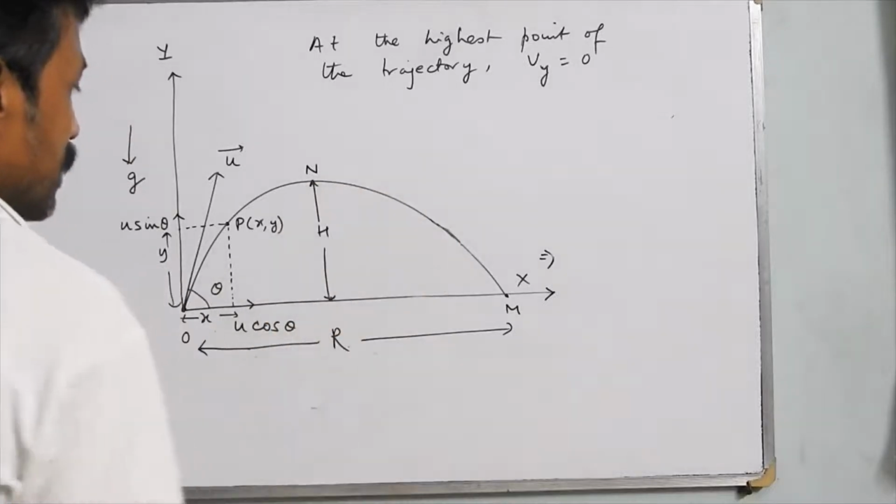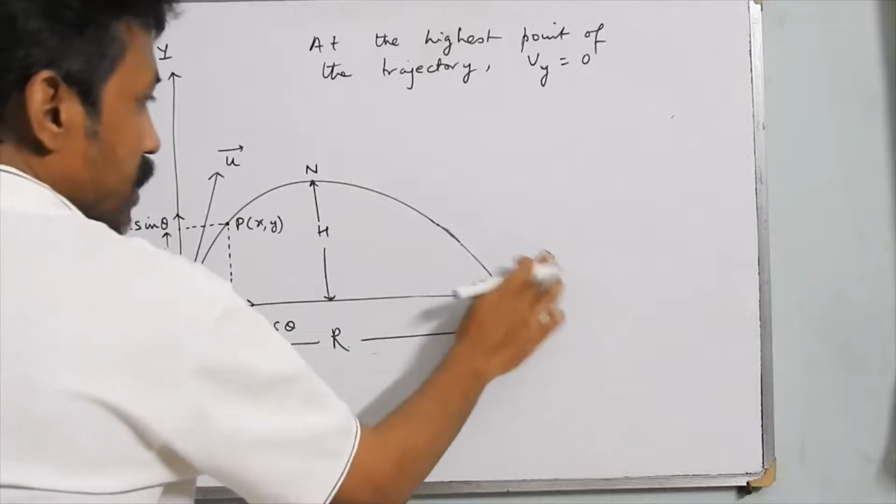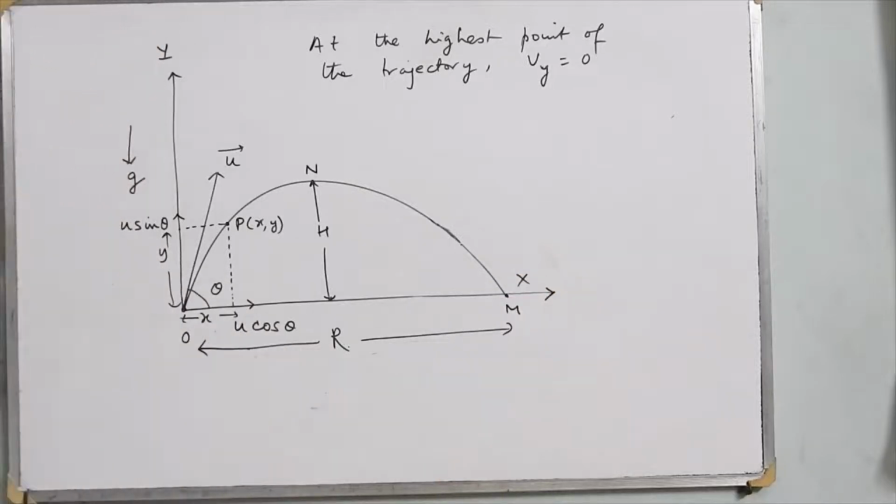The horizontal velocity remains constant, because along the horizontal there is no force, but the vertical velocity is 0.